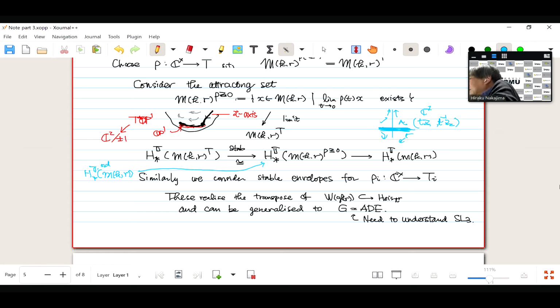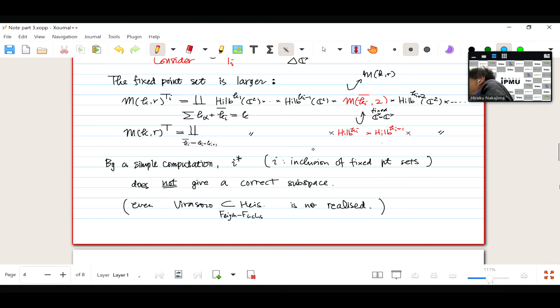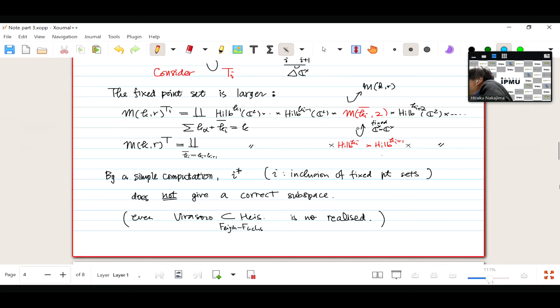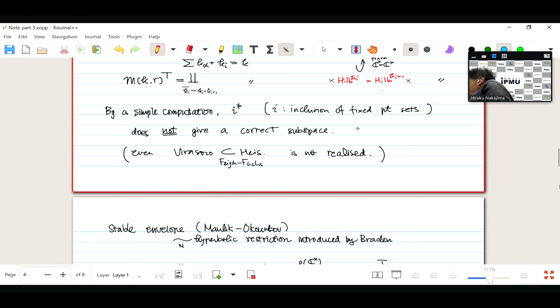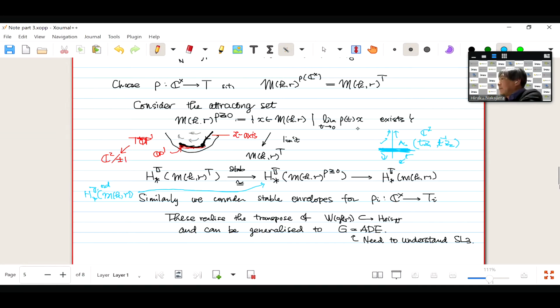Then you can relate the stable envelope for rho_i and the stable envelope for rho, like in the 0th step, like this. In this way, you can realize the Feynman-X construction.